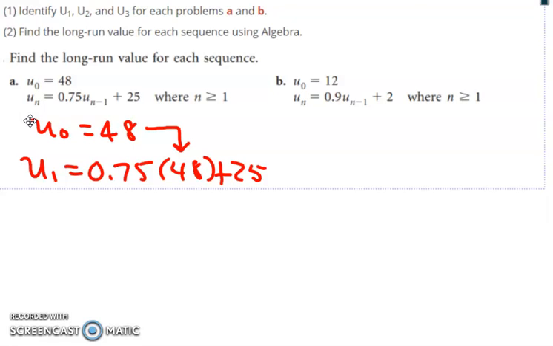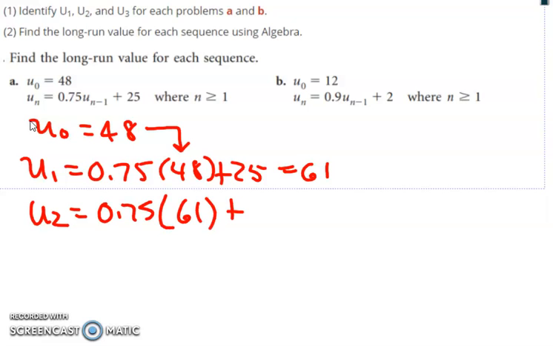So 3/4 of 48 plus 25 is equal to 61. For U2, it's going to be 0.75 times our previous answer of 61 plus 25. So our answer here will be 70.75.